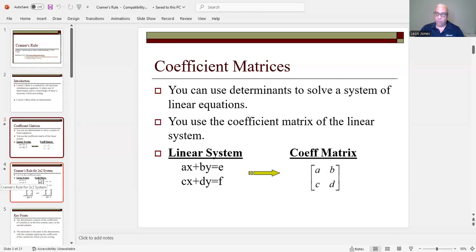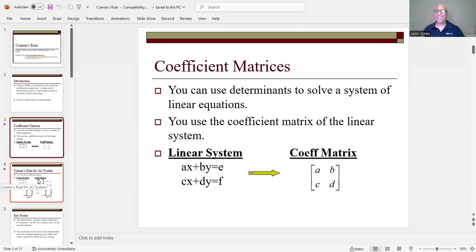Now, you have different types of systems. The most common systems, when we deal with systems of equations, are 2 by 2 and 3 by 3. Yes, you have 4 by 4, 5 by 5.